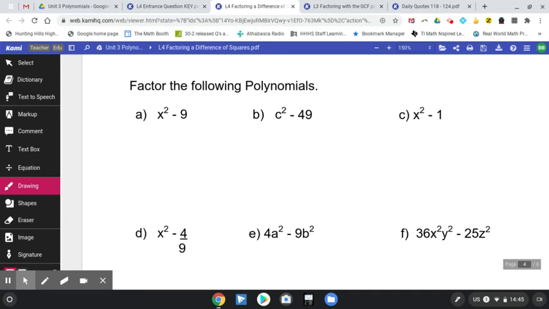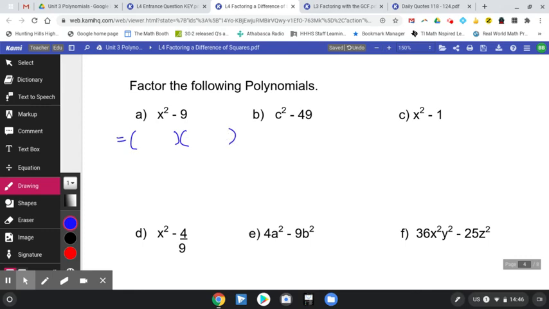So when I see that I'm working with a binomial and it is subtract and it's a difference of squares, that's when I need to do difference of squares factoring. So part of it is recognition. Once I've recognized it, I set up 2 brackets.